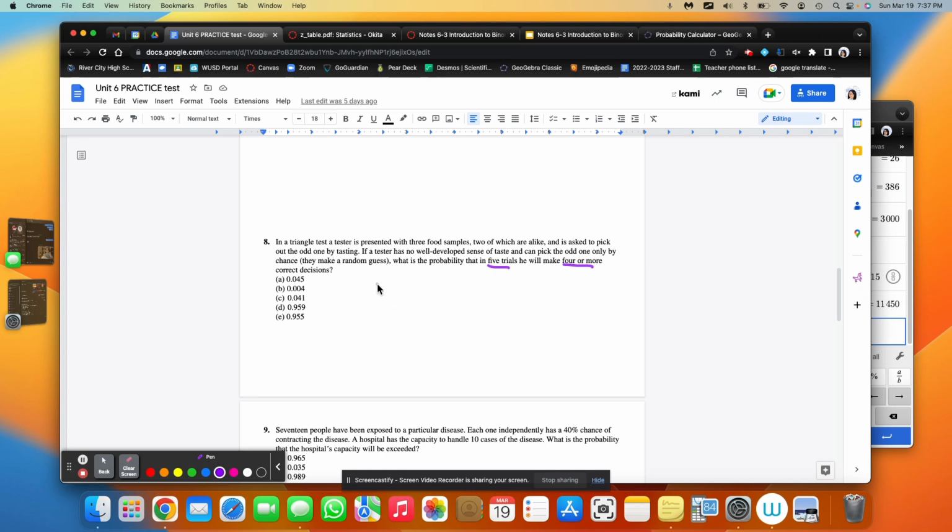So x is greater than or equal to 4. n in this case is going to be 5 because that's the number of trials. And p is a little bit tricky because it doesn't explicitly say, but he's just randomly guessing one out of the 3 different food samples. So the probability of guessing right would be 1/3.